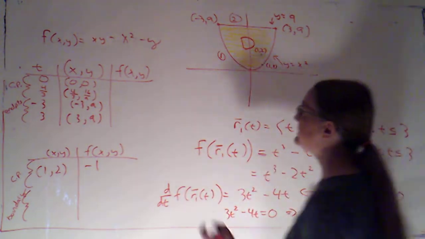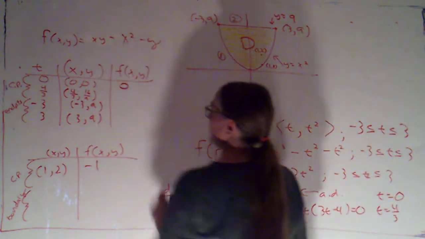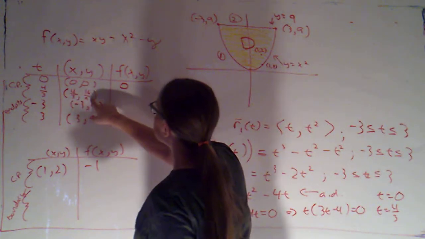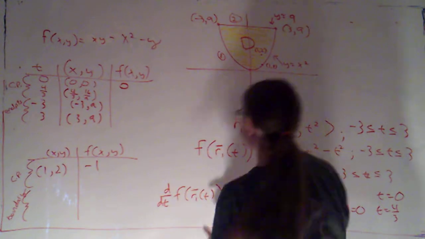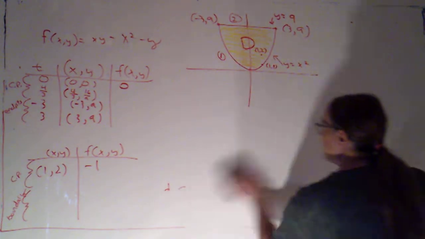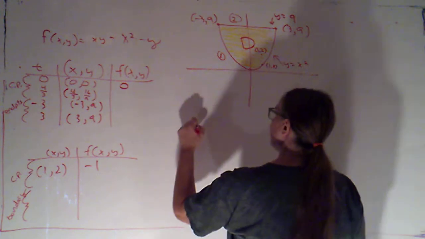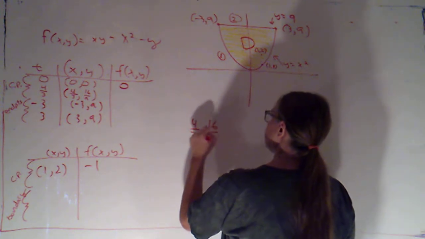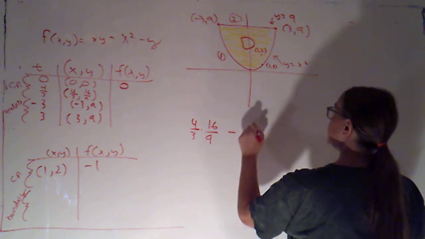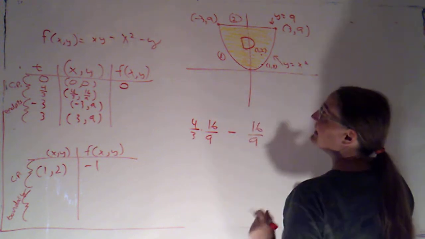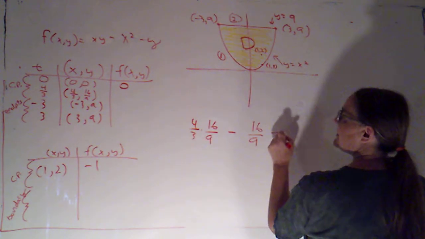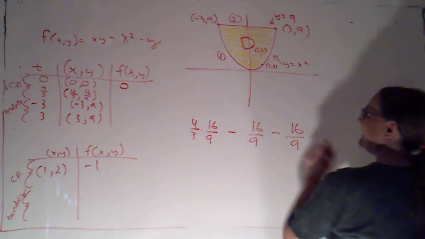Okay, so if I plug in 0, 0, I'm going to get 0. Okay. If I plug in 4/3, 16/9, let's see, x times y, that's 4/3 times 16/9, minus x squared is going to be 16/9, minus y is going to be 16/9.